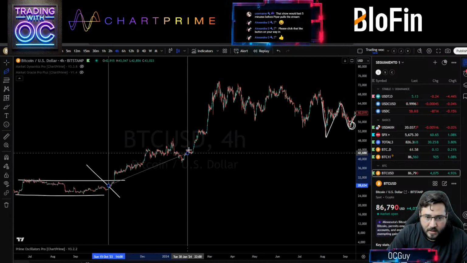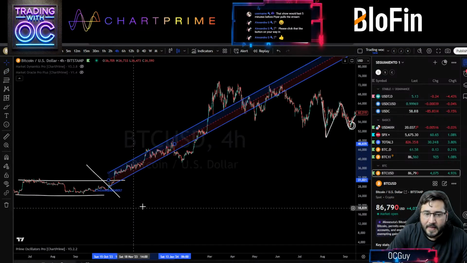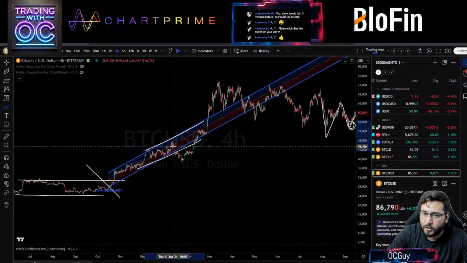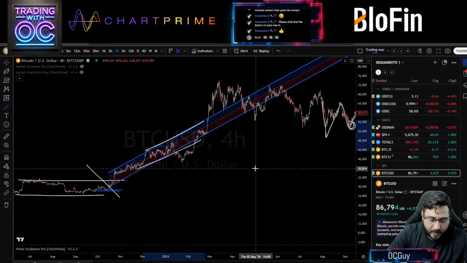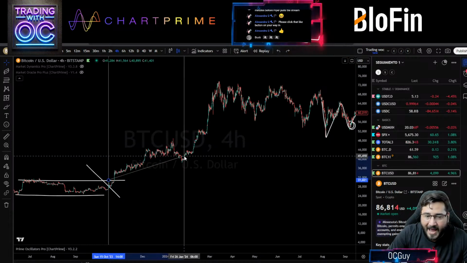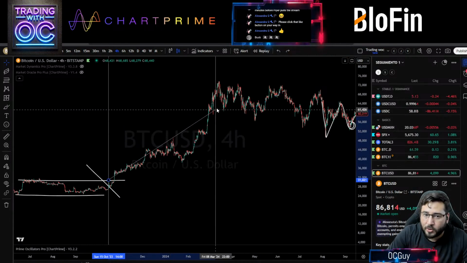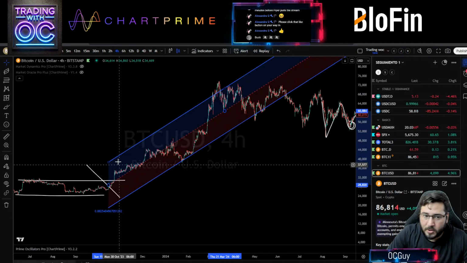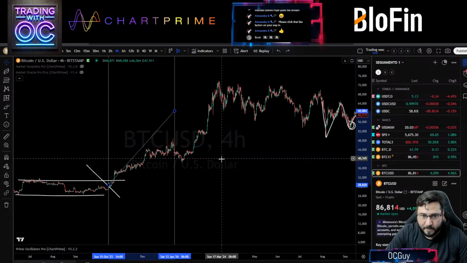Mark where it starts, mark where it ends, and then you'll have a basic overshoot of the trend. It's not going to be perfect, but you'll have a basic understanding. Of course, as time goes by, you pull it until you have a better description of the trend channel.